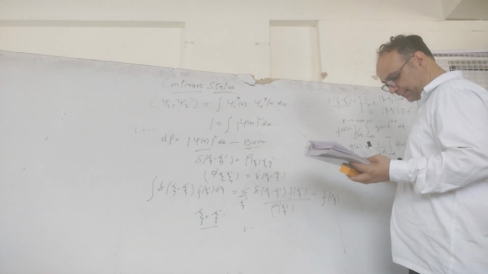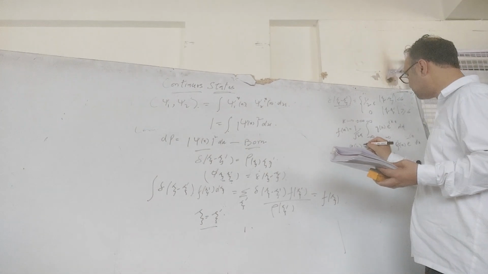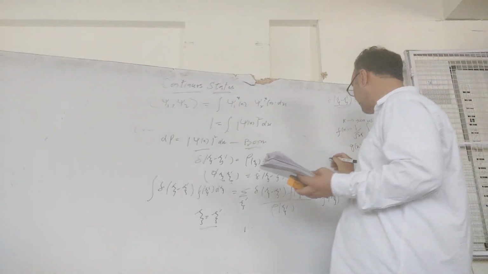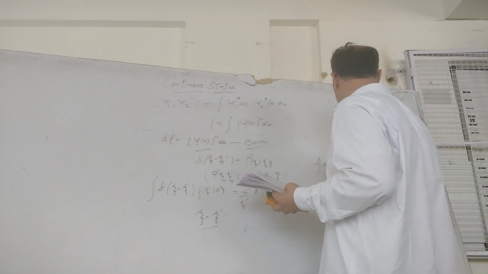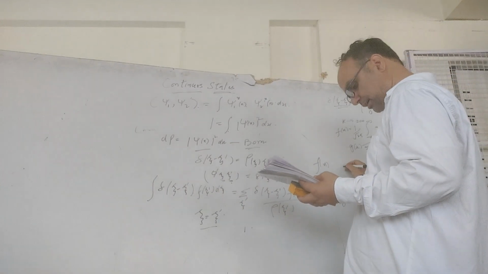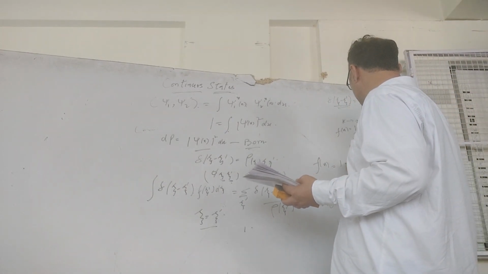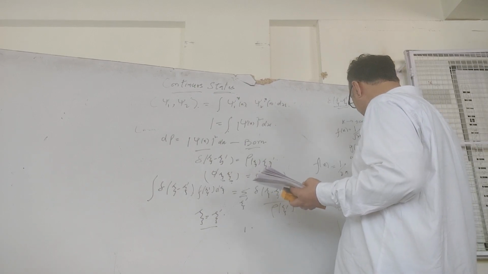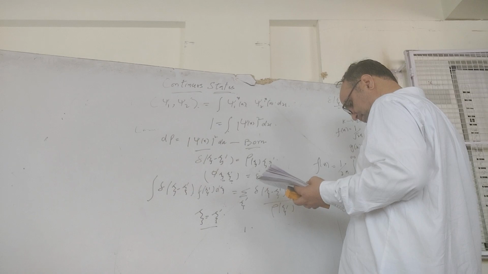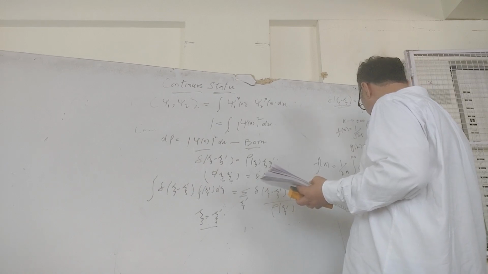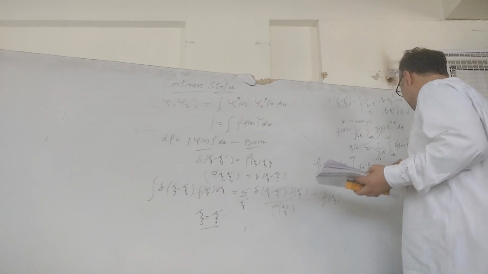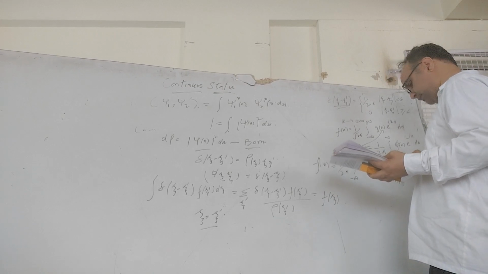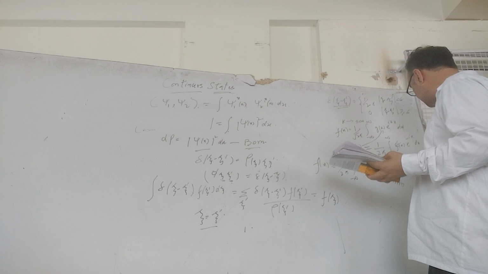Now if you substitute the value of g of k here, function of x can be defined as 1 by 2 pi, integral from minus infinity to infinity dx prime f of x prime, integral from minus infinity to infinity dk e to the power iota k times x minus x prime.